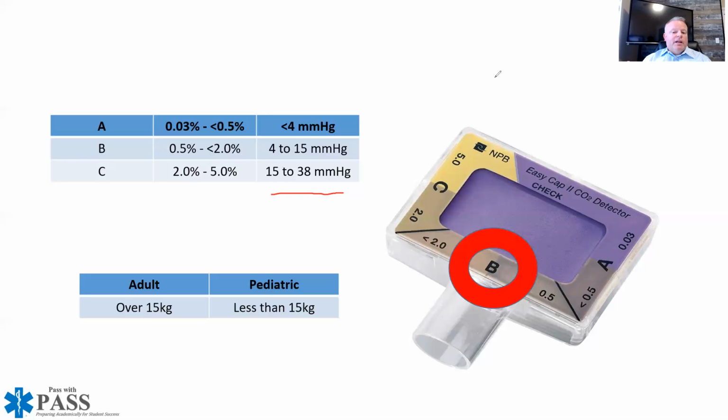So if you have somebody that has an end-tidal CO2 reading of 45, it may not work as accurately. If you have somebody that has a lower end-tidal CO2, it may be difficult because we're simply looking at a color change. Does that make sense? I want to make sure that I give time to ask questions for anybody that has them.